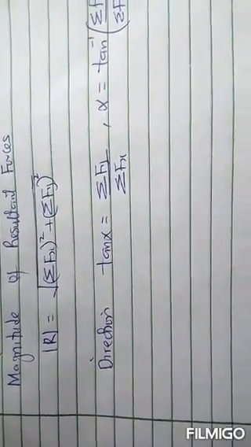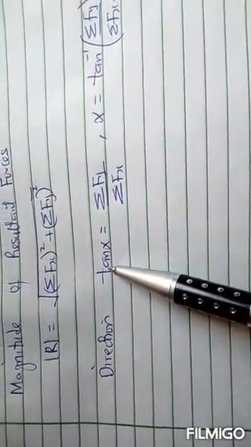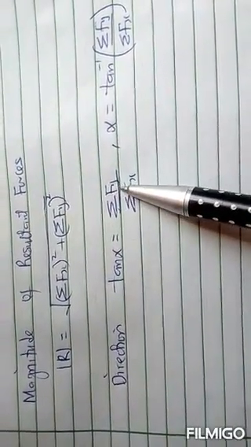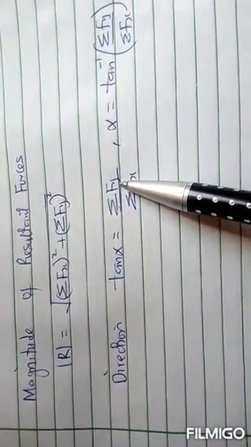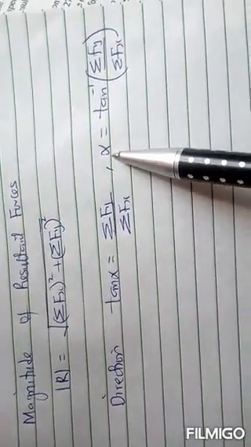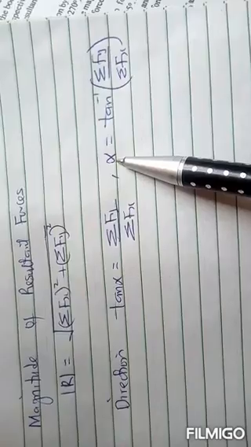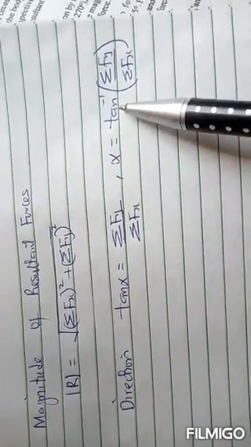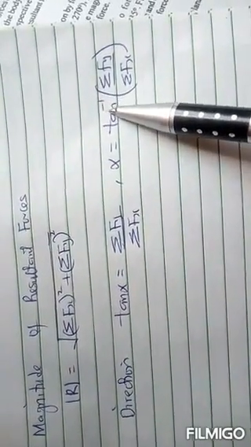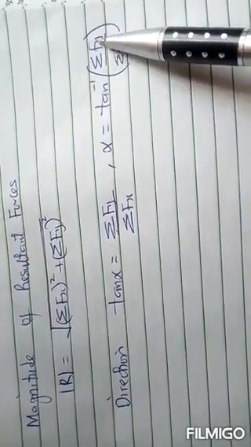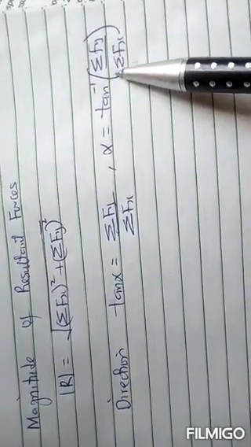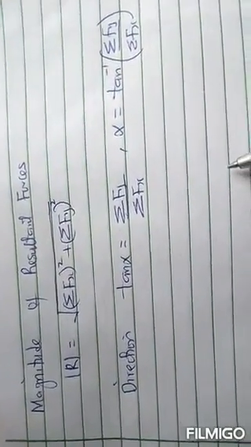So the direction of the resultant force is given by the sum of the vertical forces over the sum of the horizontal forces. In other words, alpha is the direction angle. That is the tan inverse, or arctan, of the sum of the vertical forces over the sum of the horizontal forces.